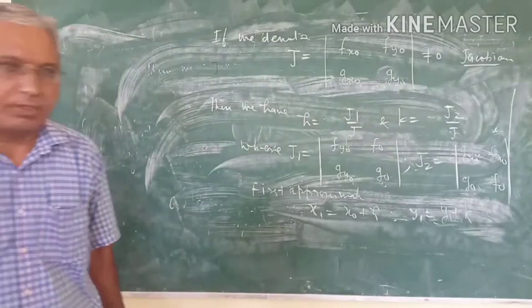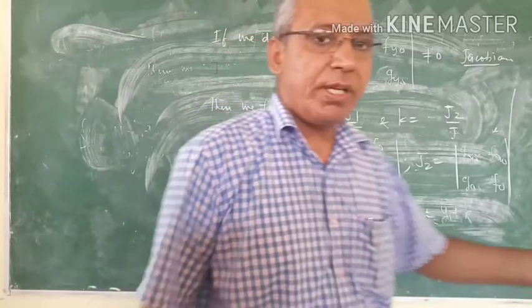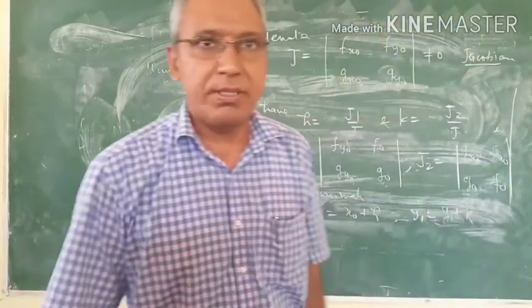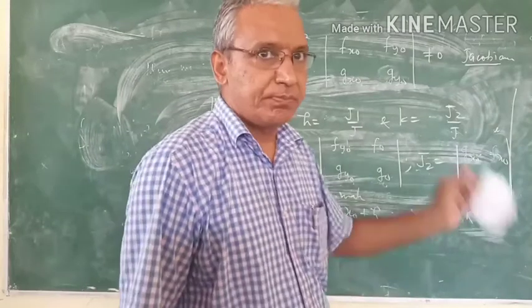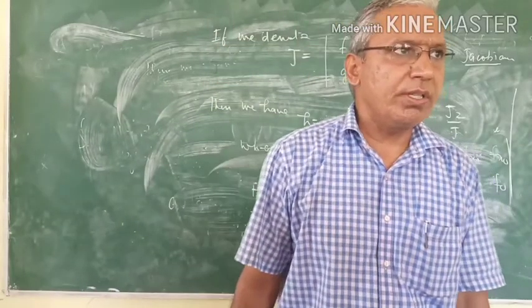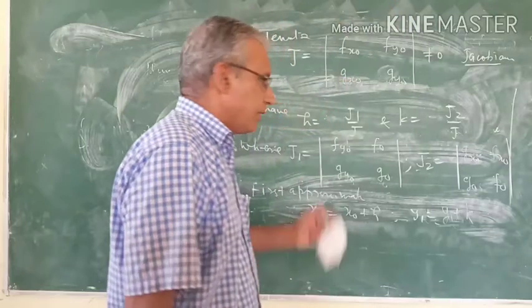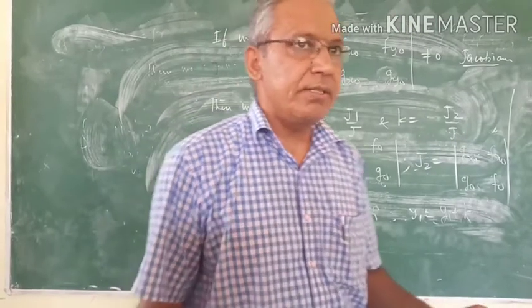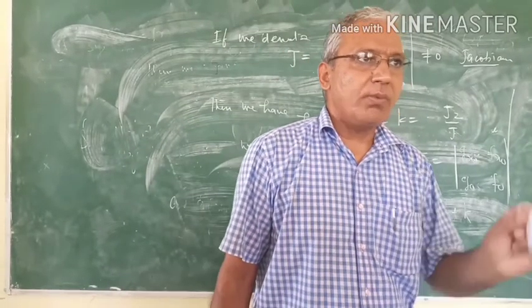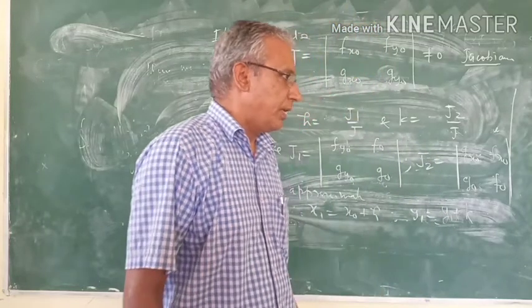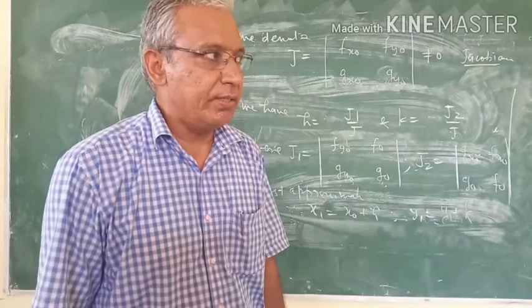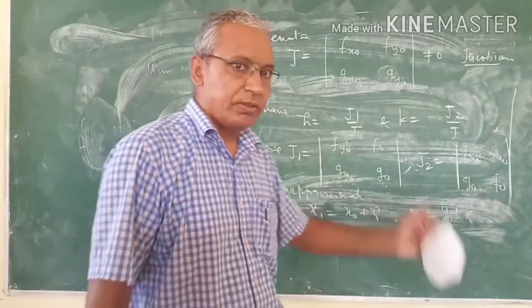Proceeding in a similar way, we can get successive approximations of the roots of the system of nonlinear equations. This method has a rate of convergence of 2; its convergence rate is quadratic. Thank you.